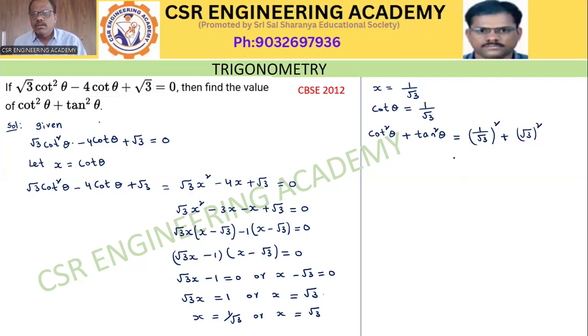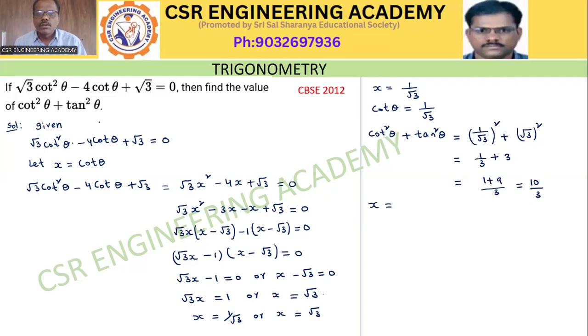That is 1 by root 3 whole square is equal to 1 by 3, plus root 3 whole square is equal to 3, is equal to 1 plus 3 threes are 9, by 3, is equal to 10 by 3.